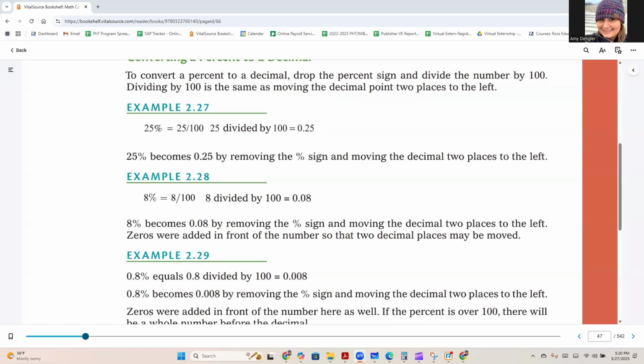And then they did in their calculator 25 divided by 100, and they got 0.25. And that would be the same with this.